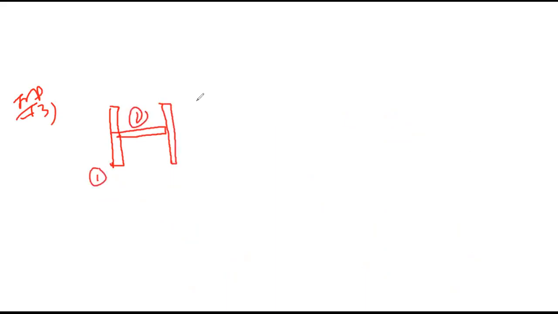Number 13. A rigid body is made up of three identical rods, each of length L, fastened together to form the letter H. So one rod, second rod, third rod are joined together to form the letter H. We want the moment of inertia of this body about an axis that runs along the length of one leg.